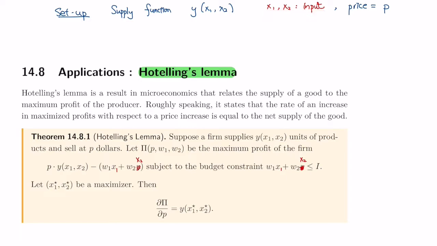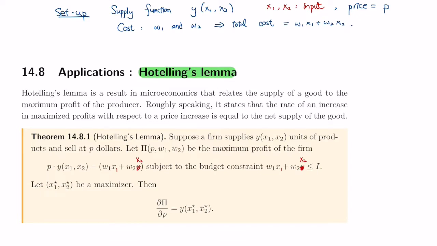The costs of x1, x2 are called W1 and W2 respectively. So the total cost equals W1 times x1 plus W2 times x2.